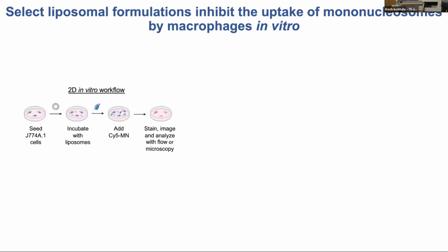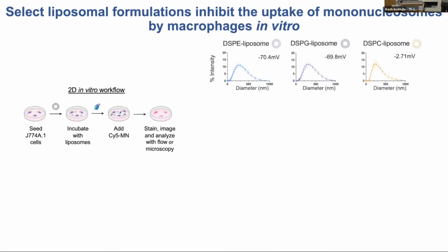To test this hypothesis, the first thing we did was go in vitro, with a system where we can treat cells with liposomes and subsequently give them Cy5 labeled mononucleosomes, our analyte of interest, and then measure uptake. And we tested 3 different liposomes in vitro with similar size distributions but a range of surface charges.